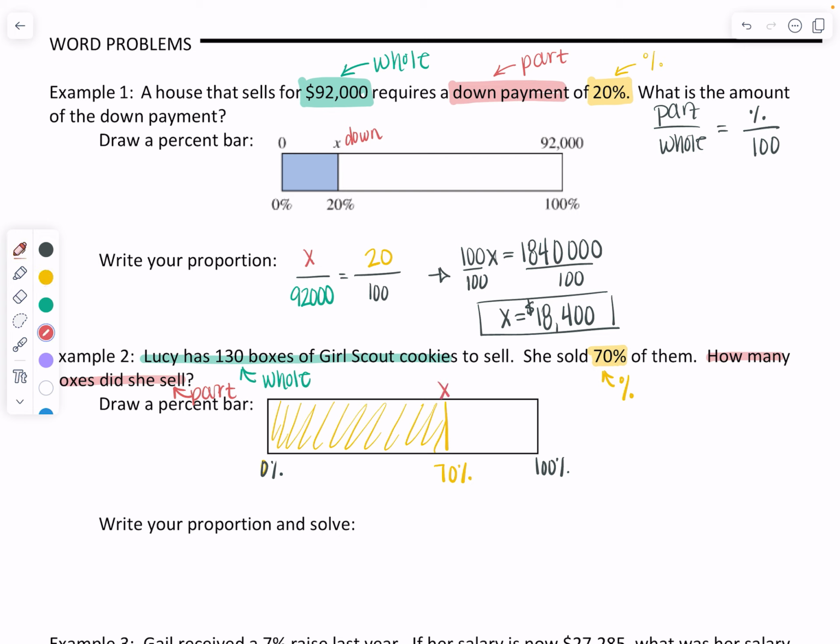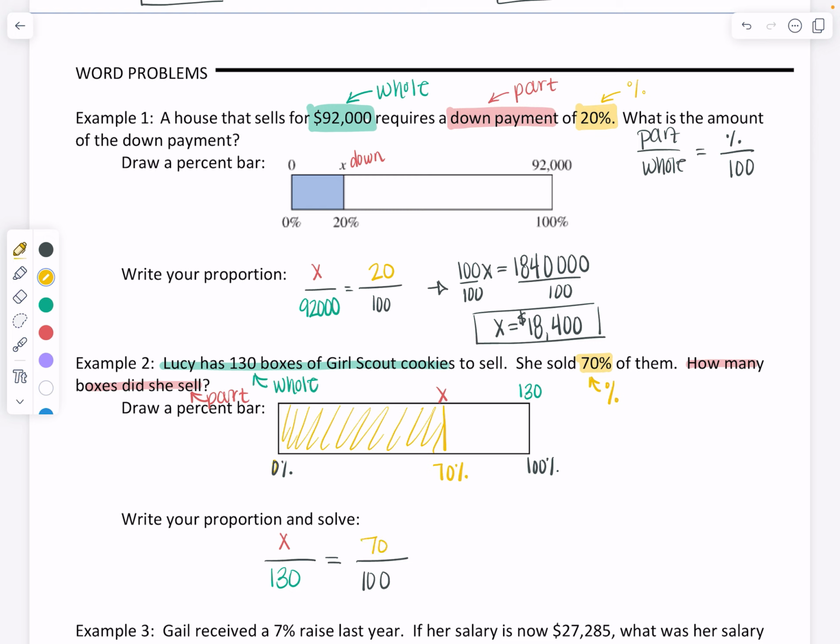And so I need to set up my proportion. I've got part over whole, or X over 130 equals percent over 100, or 70.